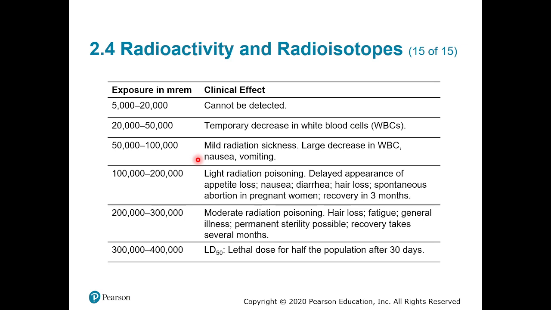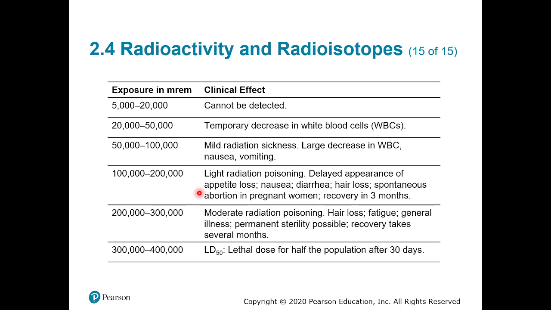Yeah. Okay. So right here is 100,000 to 200,000. This is going to be light radiation poisoning. You'll have the delayed appearance of appetite loss, nausea, diarrhea, hair loss, spontaneous abortion in pregnant women, and typically recover in 3 months. This will be like a late stage radiation treatment if they really had to go a long time.